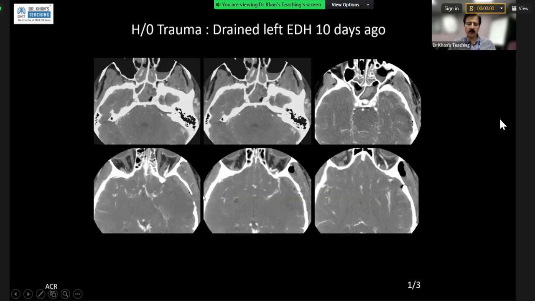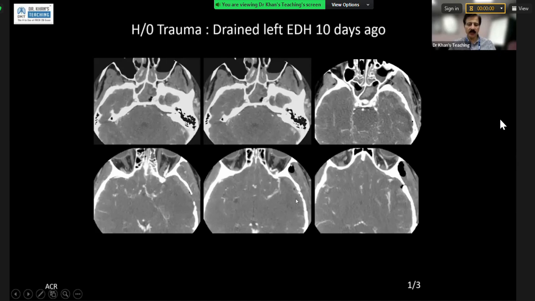I told you that there is one case left. After this, actually, this is the second last, so one more. Now, this case, I'll talk you through it. I have shown you in the CNS part, but just as a repetition or revision, because it will again consolidate our anatomy.